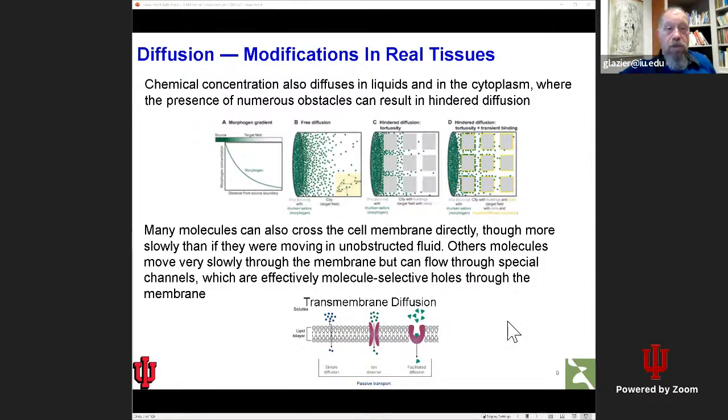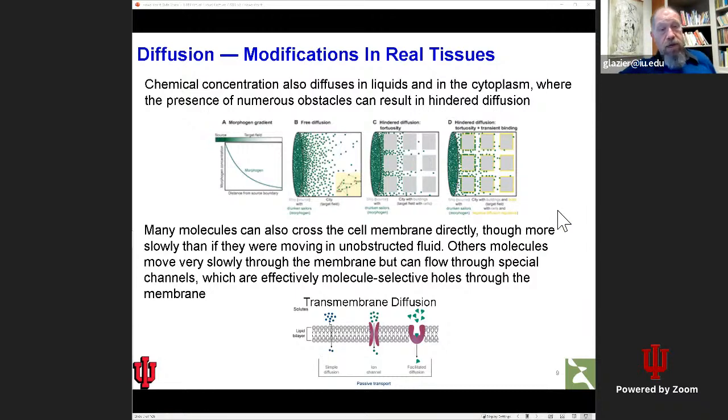And then we talked just a little bit about the fact that biological systems are in fact crowded, and that means we don't typically have what's called free diffusion, like sugar molecules in a glass of water. Rather, our molecules have to move around obstacles. And if nothing else, that means that the distance they have to travel to get from one end of an object to another is longer than you would think.